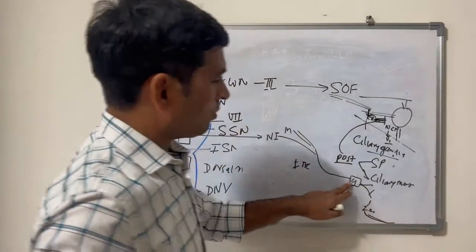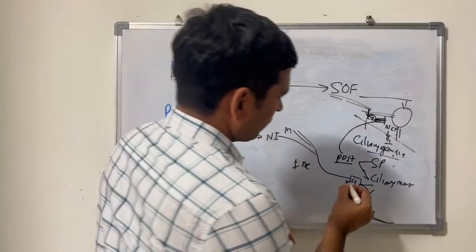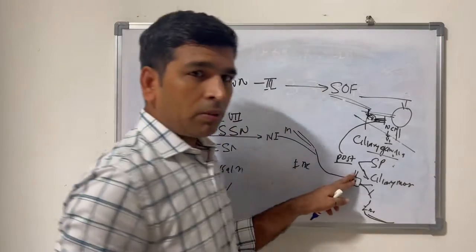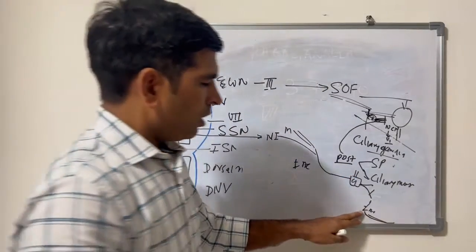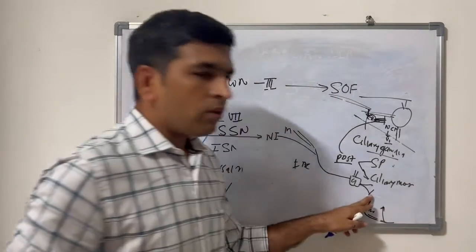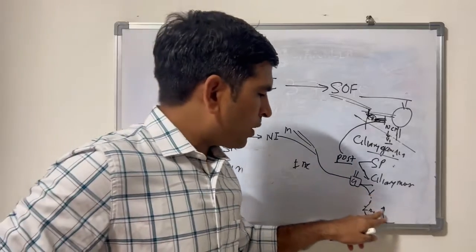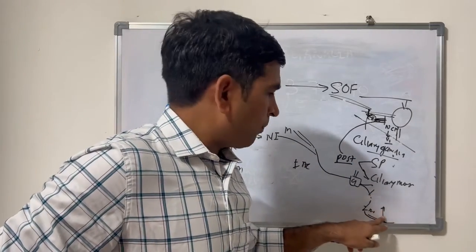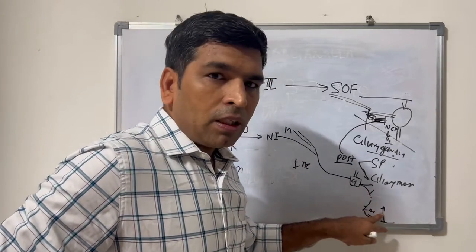The facial nerve at the geniculate ganglion has the greater petrosal nerve, and the stylomastoid part has the chorda tympani. The greater superficial petrosal nerve and the chorda tympani have the parasympathetic component.